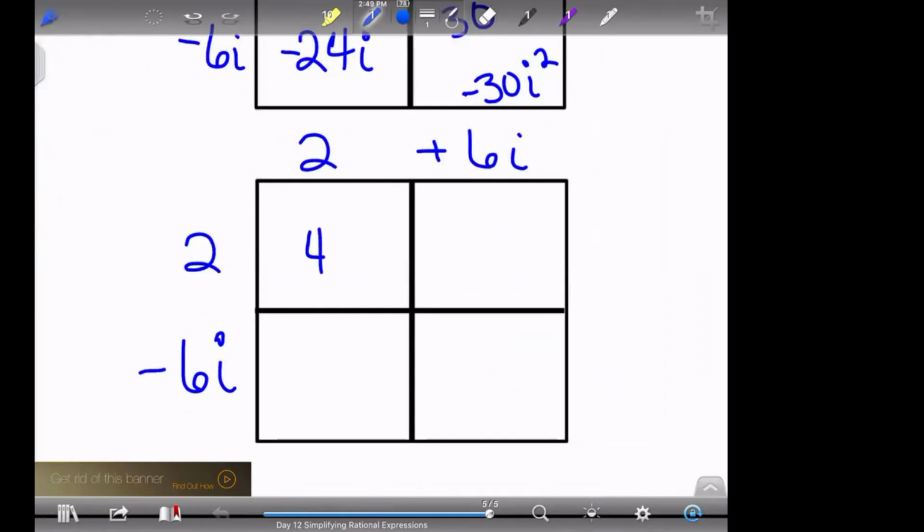2 times 2 is 4. 12i, negative 12i, negative 36i squared, which turns into positive 36.